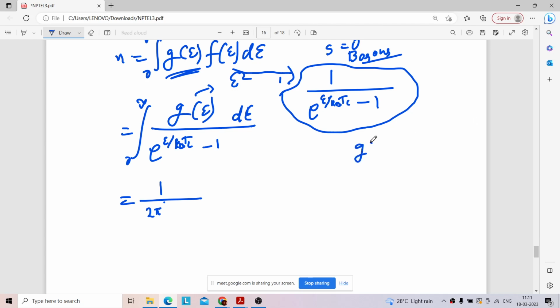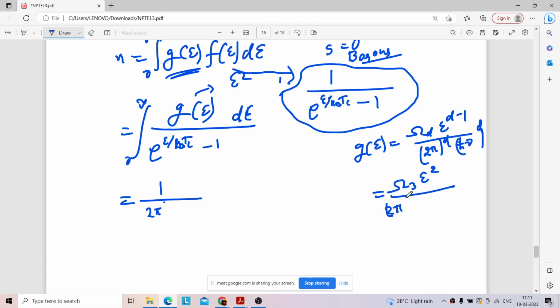So g of epsilon, we got gamma_d over epsilon to the power d minus 1, and in the denominator we have 2 pi to the power d and h cross mu to the power d. So d is 3 now, so it's gamma of 3 epsilon square over 2 pi to the power 3 and h cross mu to the power 3. So this is our density function now.